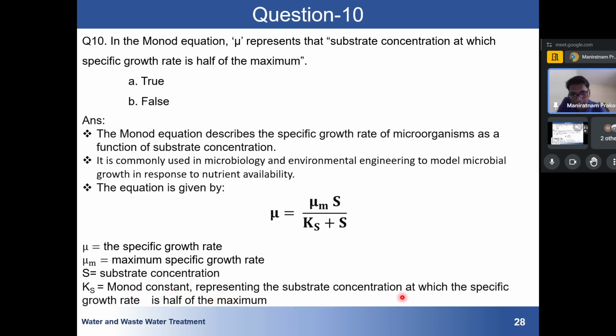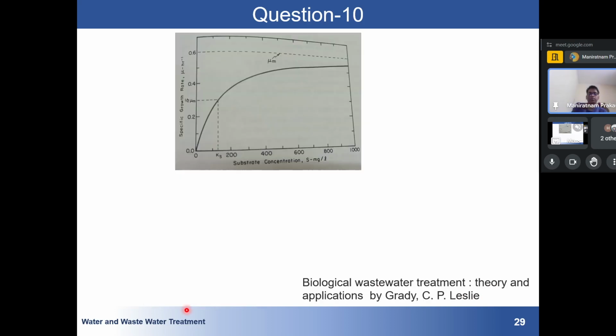The Monod constant represents the substrate concentration at which the specific growth rate is half of the maximum. This is the maximum, half of this maximum is here, and the corresponding concentration is the Monod constant.